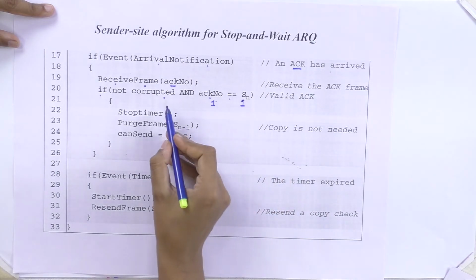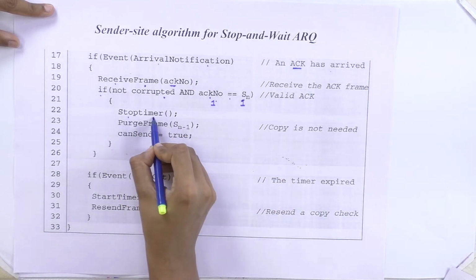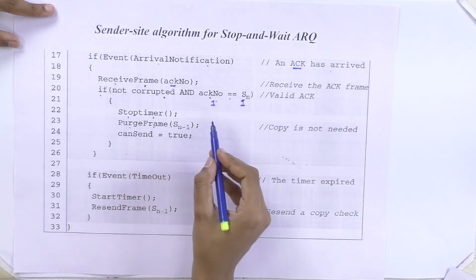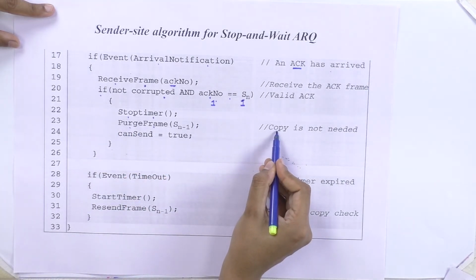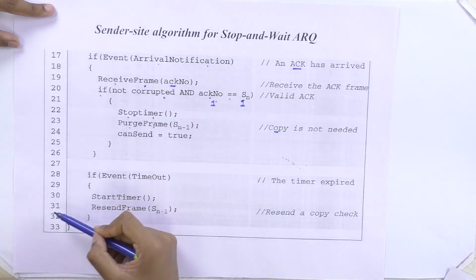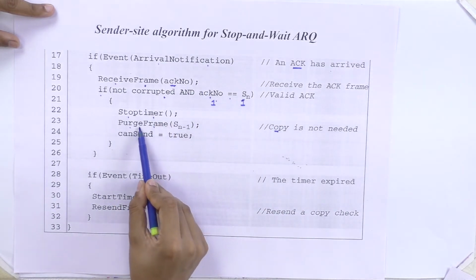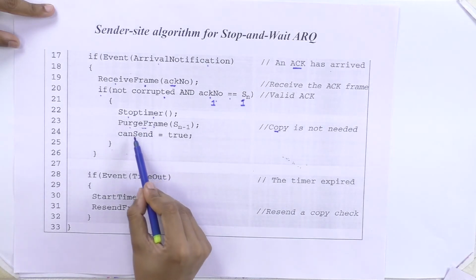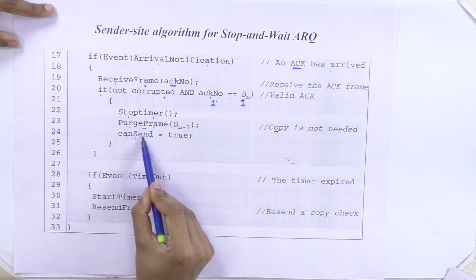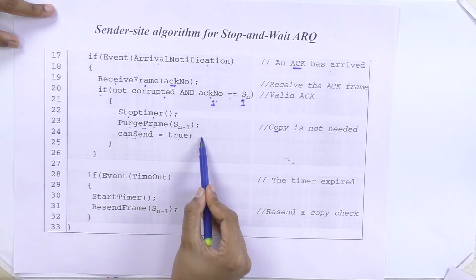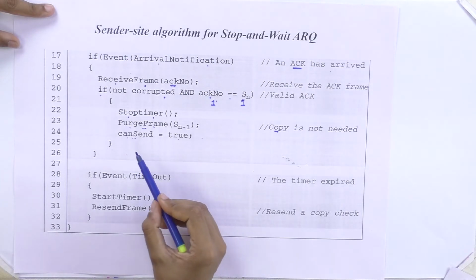So I will stop the timer and purge the frame, which means that I don't want the copy of my frame anymore because I have received my acknowledgement. I will simply discard the copy of the frame. Next, I will set CanSend equal to true, allowing the next frame to be sent to the receiver.